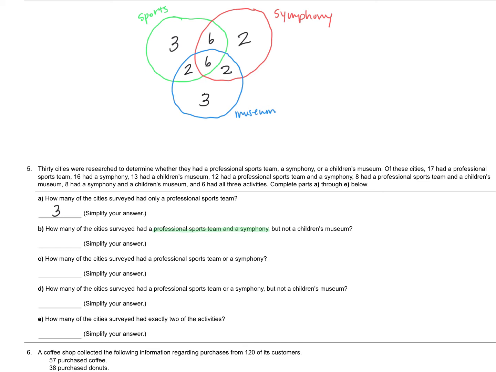Okay. Then it says though, but not a children's museum. So we want to take out the part that is in the children's museum as well. That would be that bottom 6. So that means now we're only looking at this number. So 6 have a sports team and a symphony, but not a children's museum. So that answer would be 6.